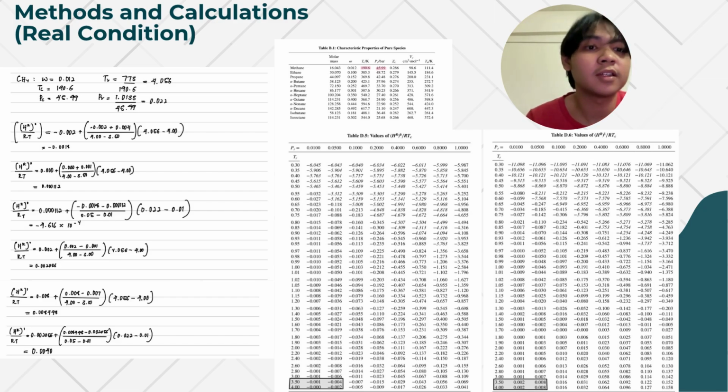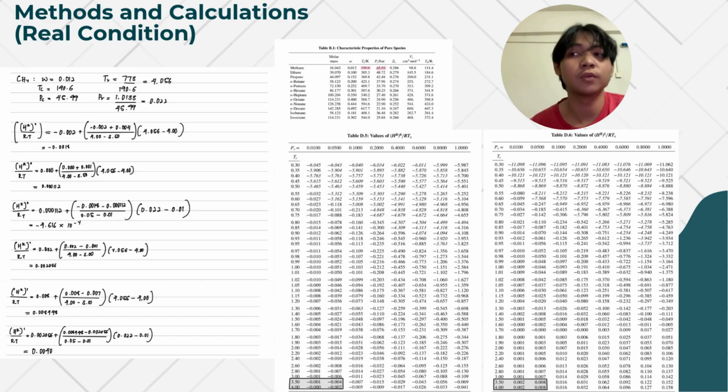Next, in order to calculate the values for HR0 over RTC and HR1 over RTC, we go to tables D5 and D6. Here I have highlighted four values for both HR0 over RTC and HR1 over RTC. We need to do some extra work.